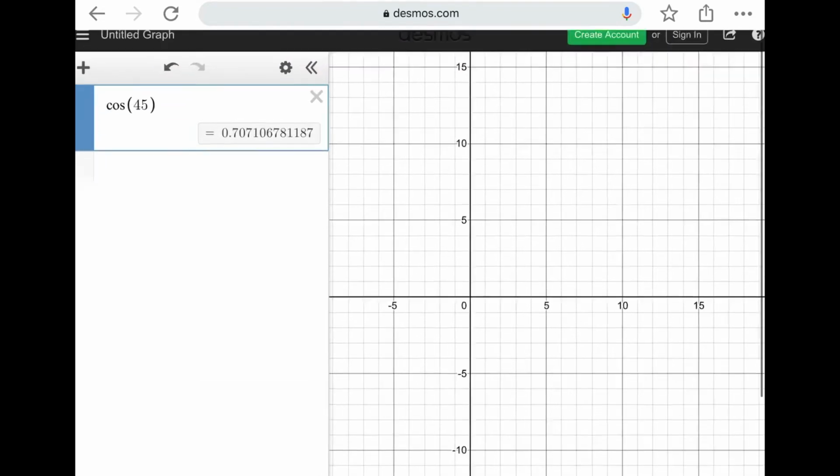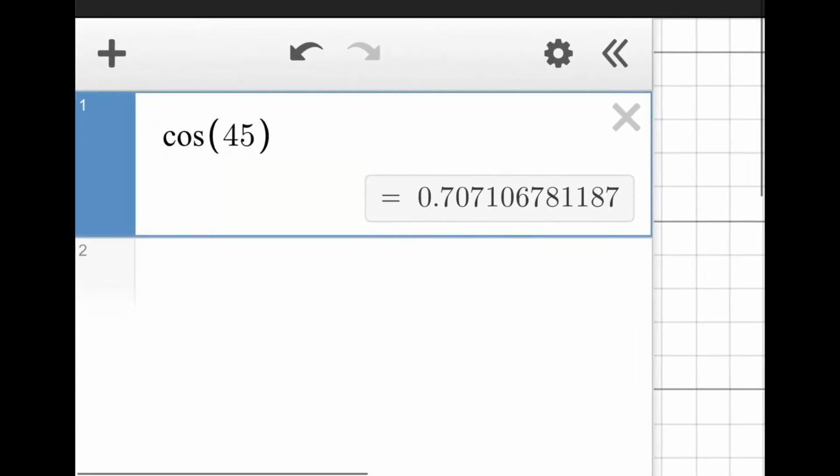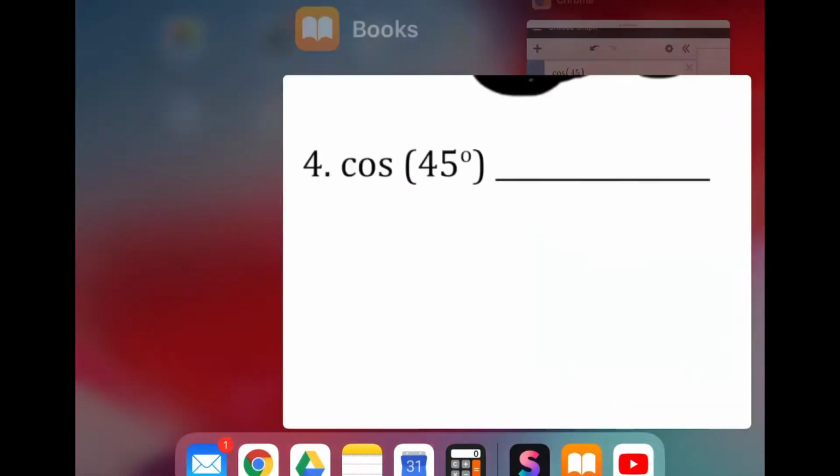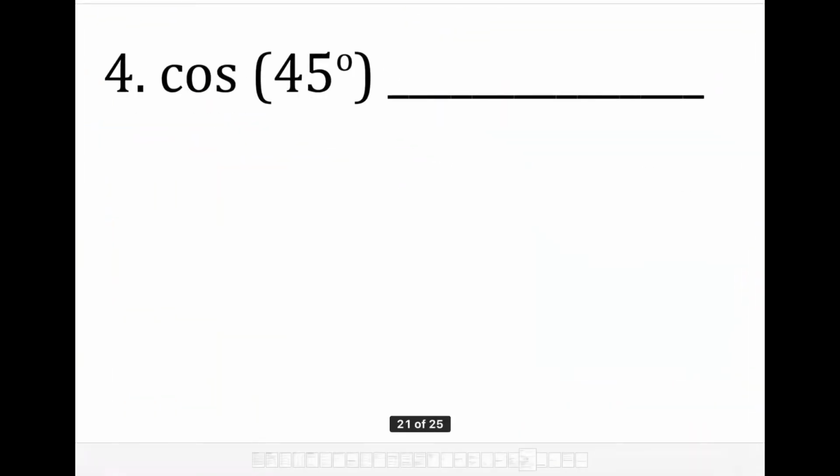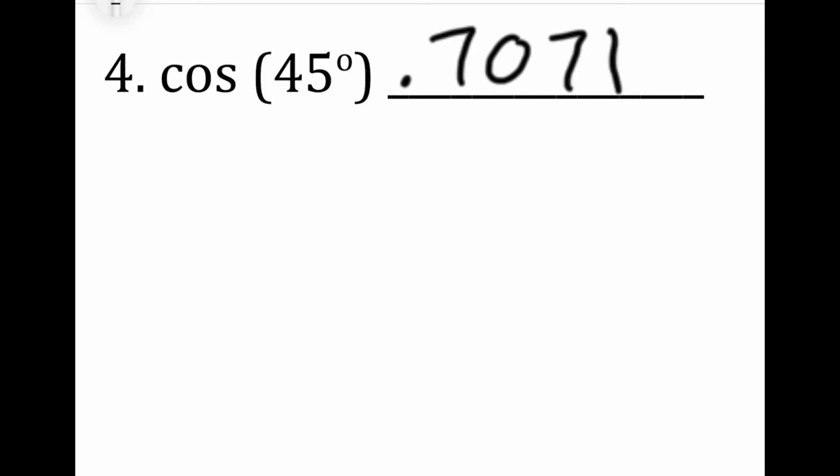That is our answer for number 4. It does not tell us where to round, so I'm going to keep 4 decimal places. So 0.7071. That would be my answer for number 4.